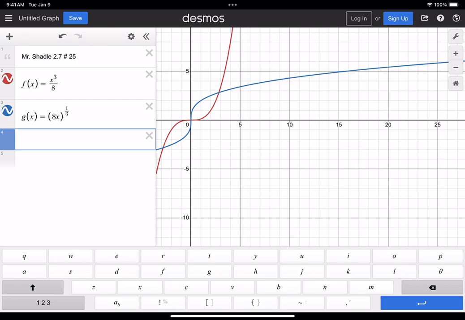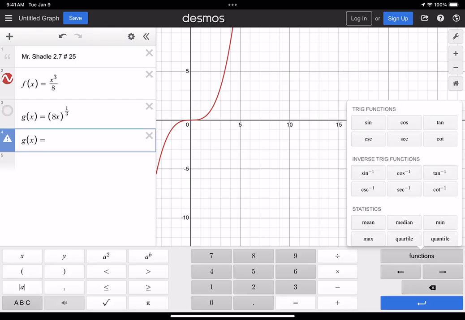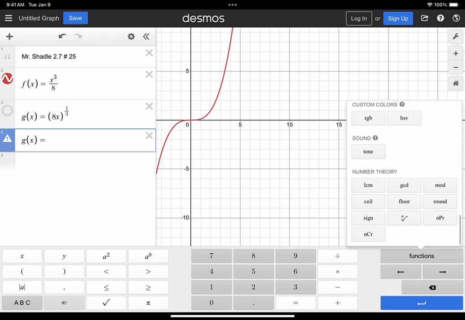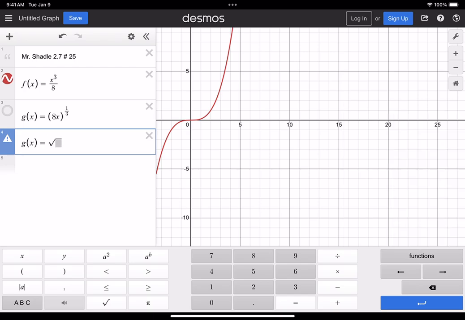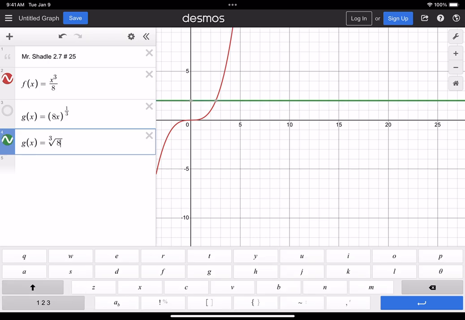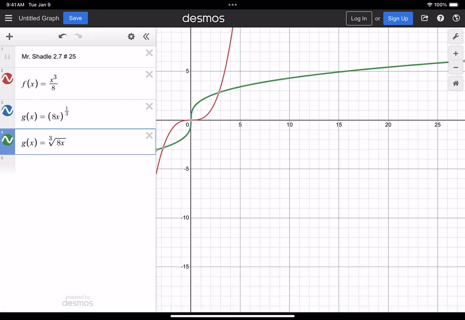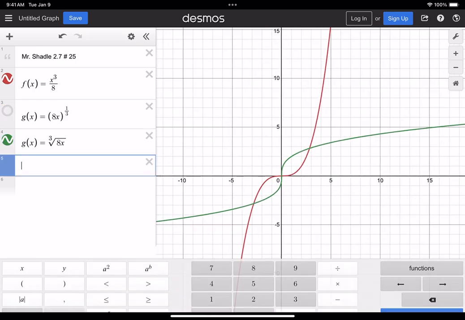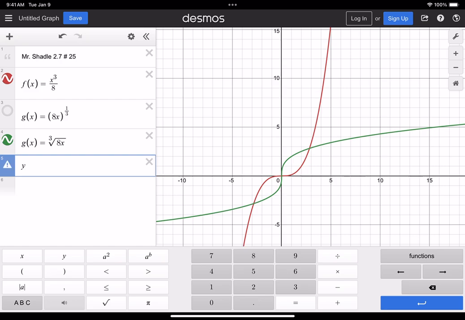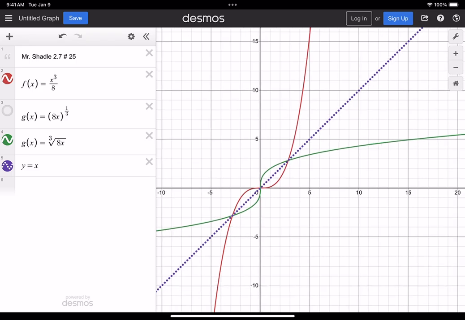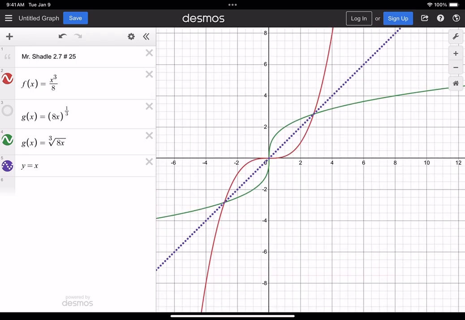Or I could look for my function, click on the functions button, scroll down to nth root, and that's a 1/3 root, and that's 8x under the root sign. That's the same line. And now to verify, I just need to look at y equals x, and I'll make that a dotted line. That's my verification, and this is what I would screenshot and turn in for the problem.